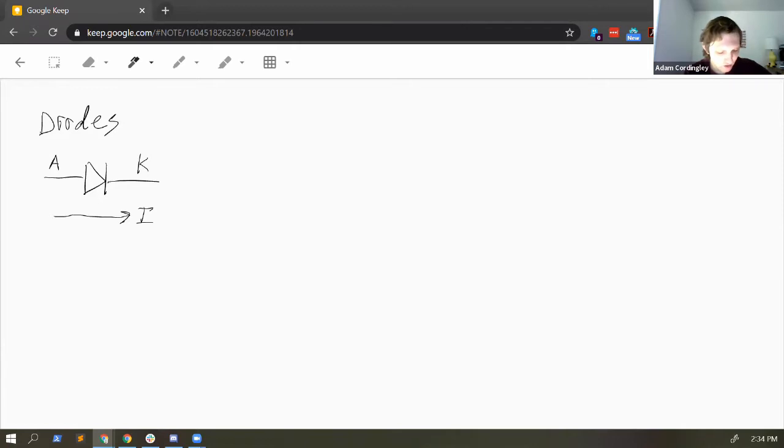So the basic construction of a diode internally is that it's comprised of two different semiconductor regions, usually of silicon. Your garden variety diode is silicon that's been doped, which means they've sprinkled impurities into the silicon to form either a surplus of electrons or a surplus of electron holes, a deficiency of electrons.